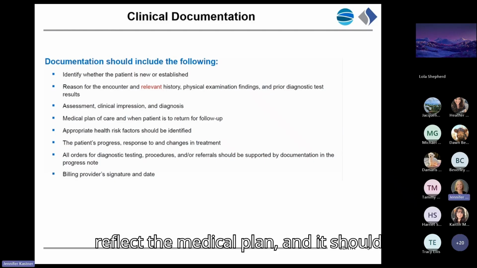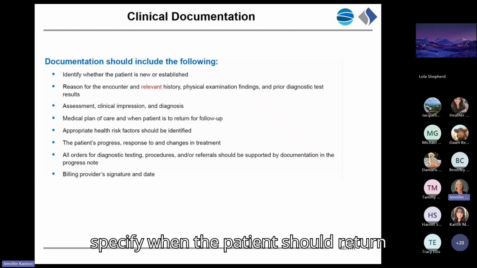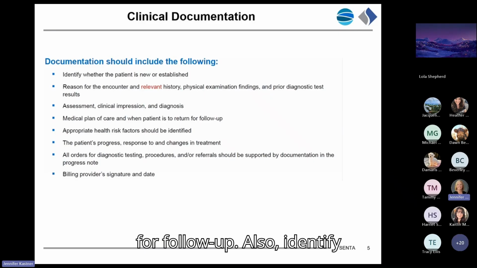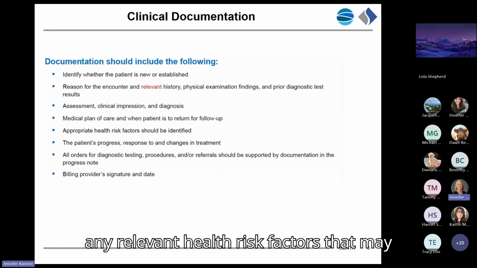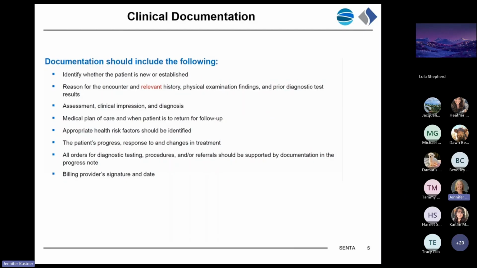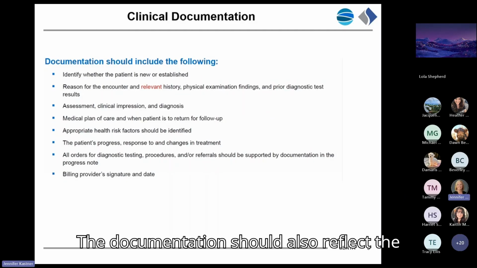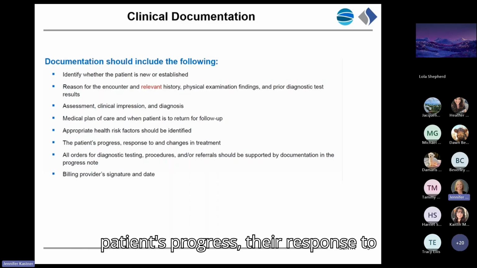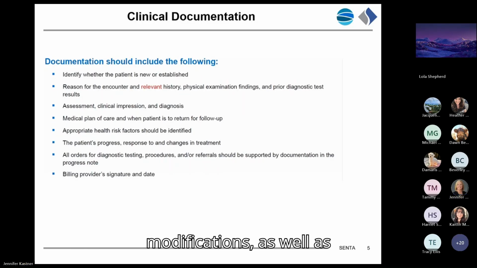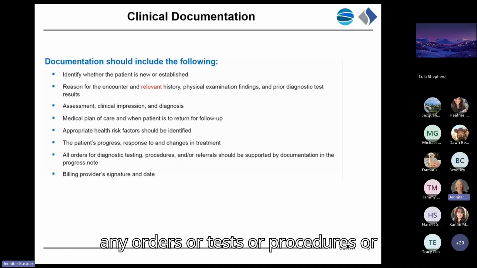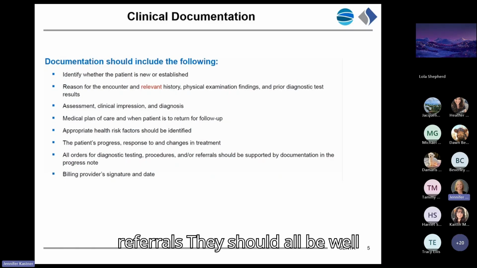The note should also reflect the medical plan. It should outline the planned course of care and specify when the patient should return for follow-up. Also, identify any relevant health risk factors that may impact the patient's condition. The documentation should also reflect the patient's progress, their response to treatment, and any treatment modifications, as well as any orders or tests or procedures or referrals.